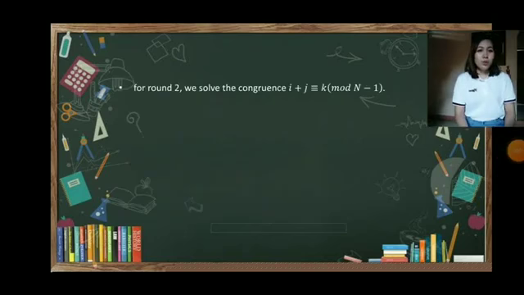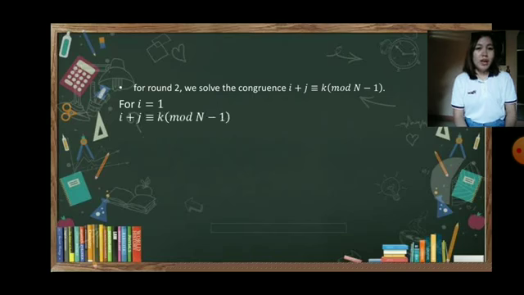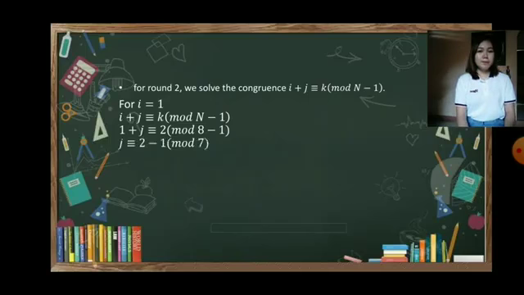For round 2, we solve the congruence i plus j congruent to k mod n minus 1, for i equal to 1. 1 plus j congruent to 2 mod 8 minus 1. j congruent to 1 mod 7.